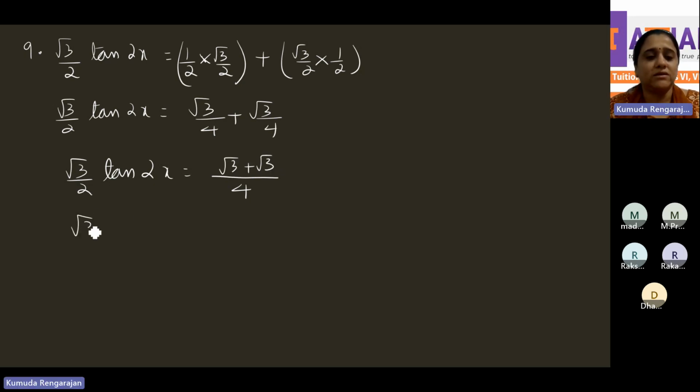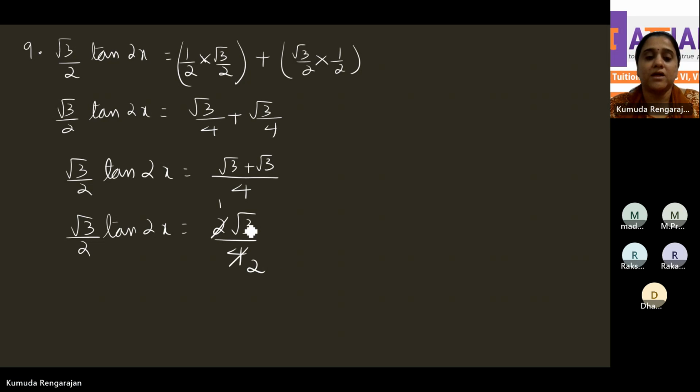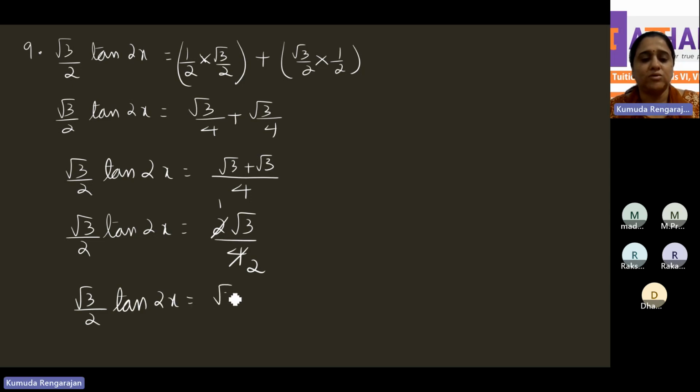So next step you'll get 2 root 3. 2 root 3 by 4. 2 ones are 2, 2 twos are 4. Root 3 by 2. Okay, so we have root 3 by 2 tan 2x is equal to root 3 by 2. So this one on the other side, okay, or I can do it in this step itself.